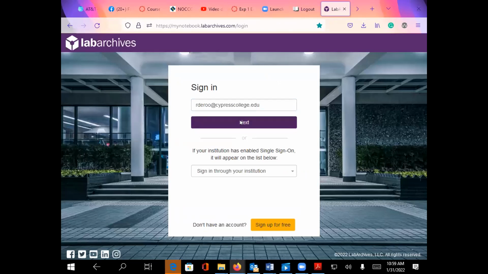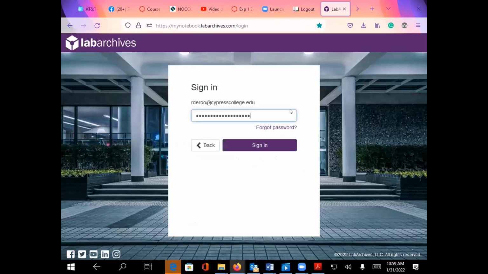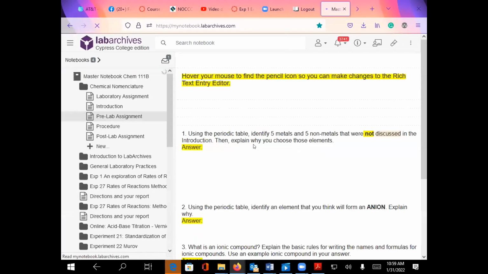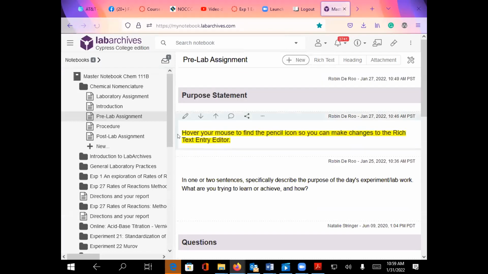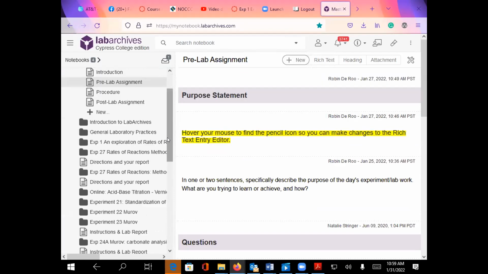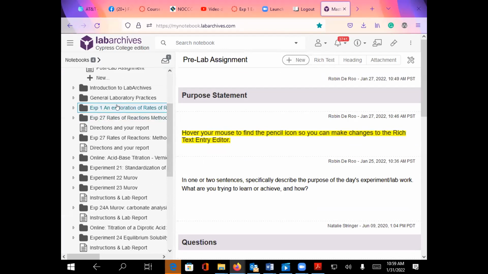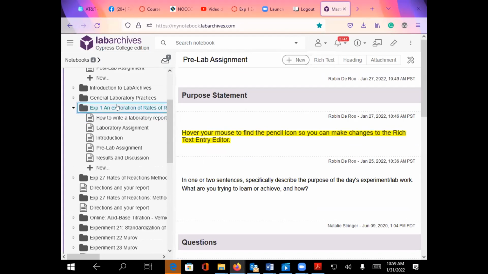So you go to your lab archives, and then here's this week, experiment 1, an exploration of rates.